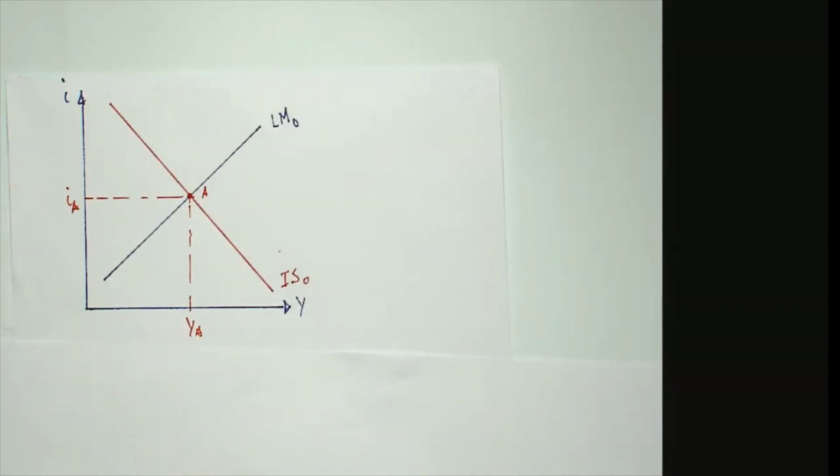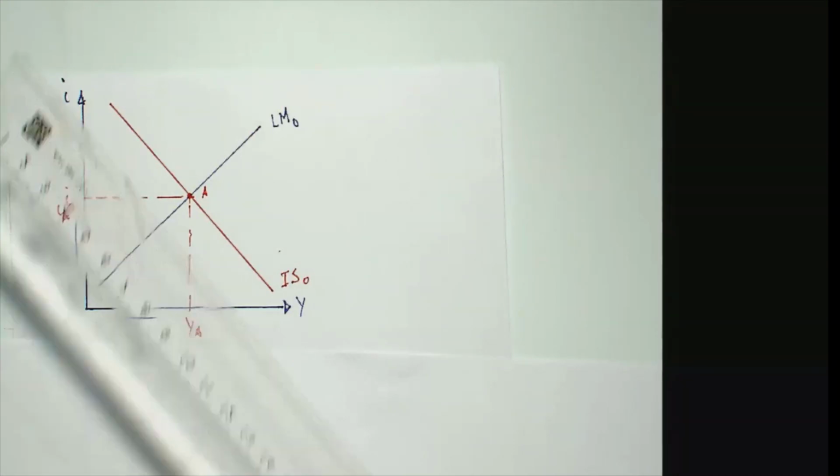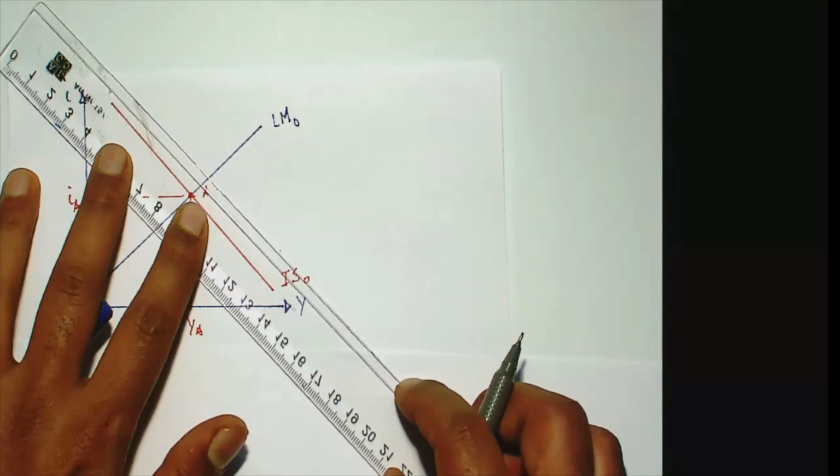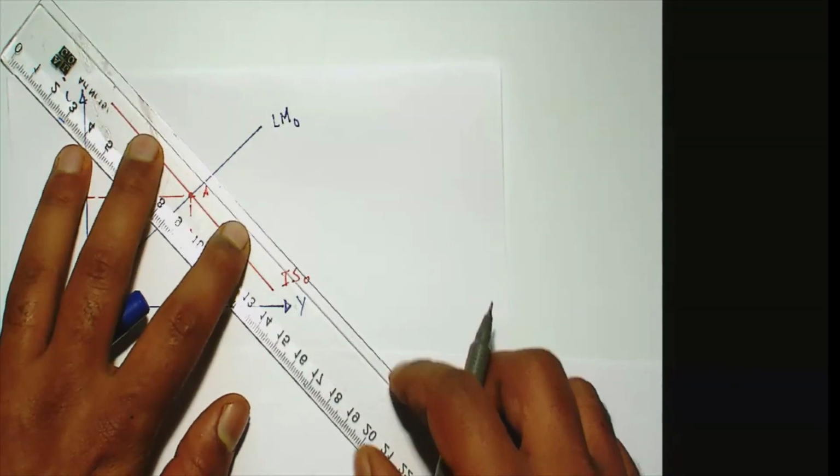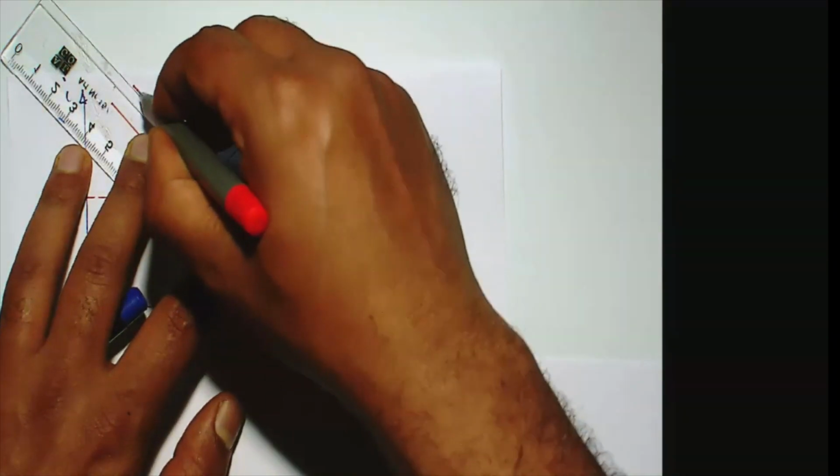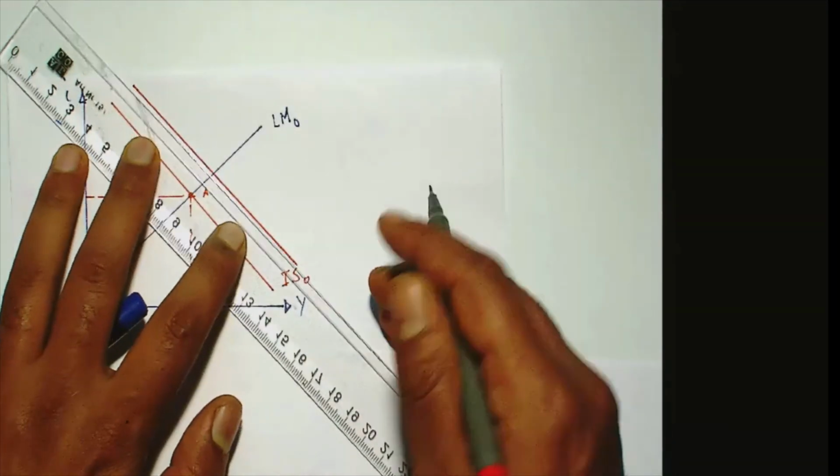However, we have said now that there would be a higher investment and the investors are wanting to invest more. So this is an impact on the goods market, which should be reflected on the IS curve.